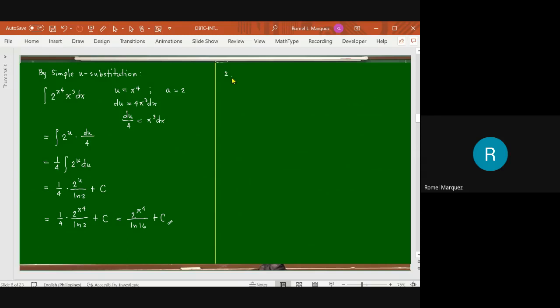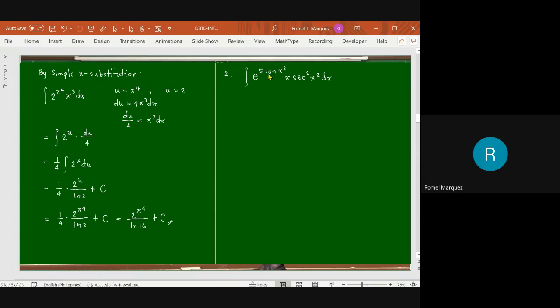Okay, let us have number 2. Integral of e to the 5 tangent of x squared, times x secant squared of x squared dx. What about this?